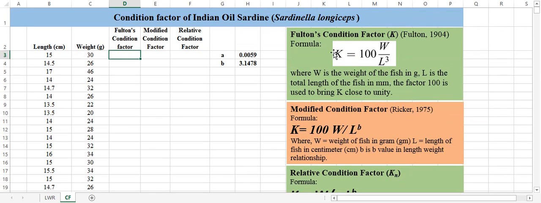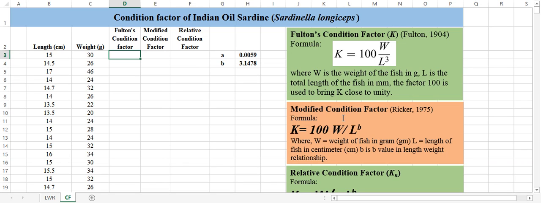The Fulton condition factor equation is very simple: K is equal to 100 into W by L to the power 3. Here the condition is that the fish grow isometrically, so length and weight are in the same proportion.